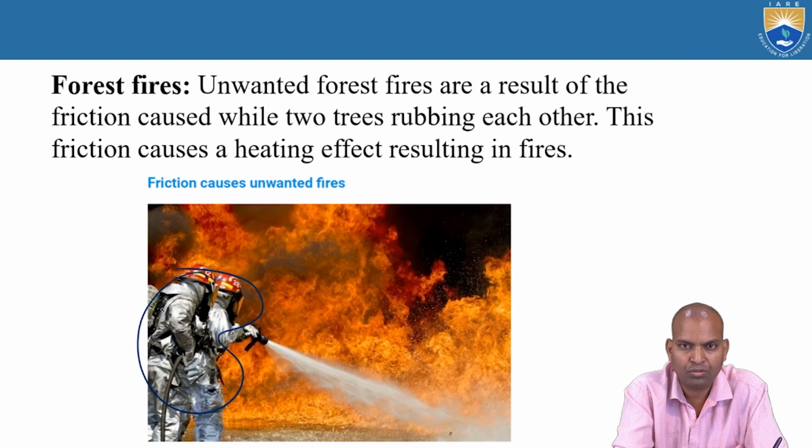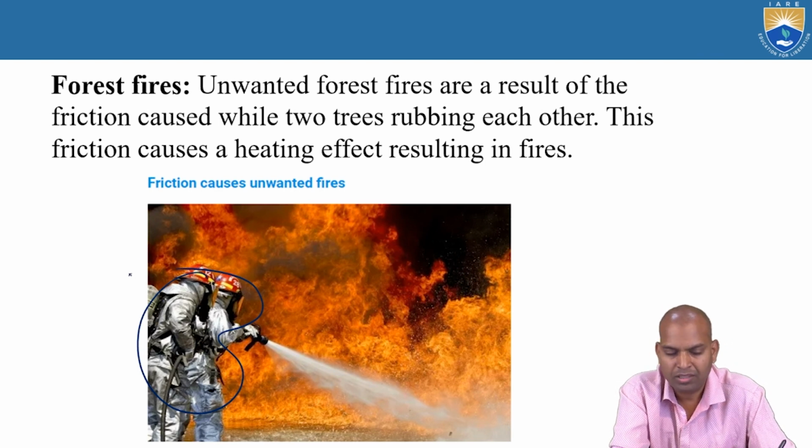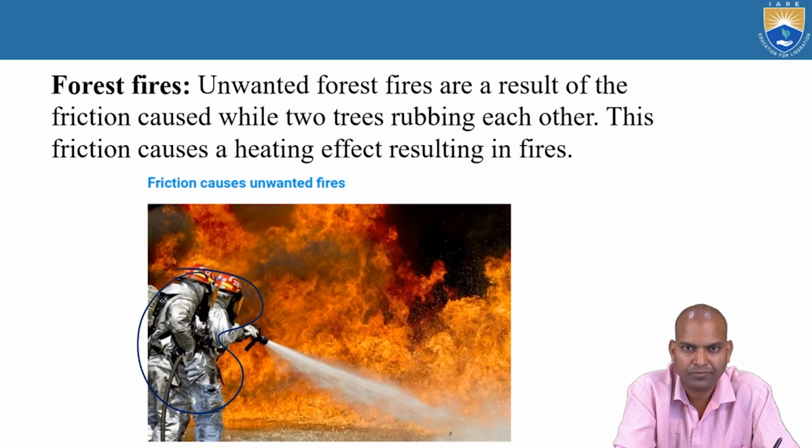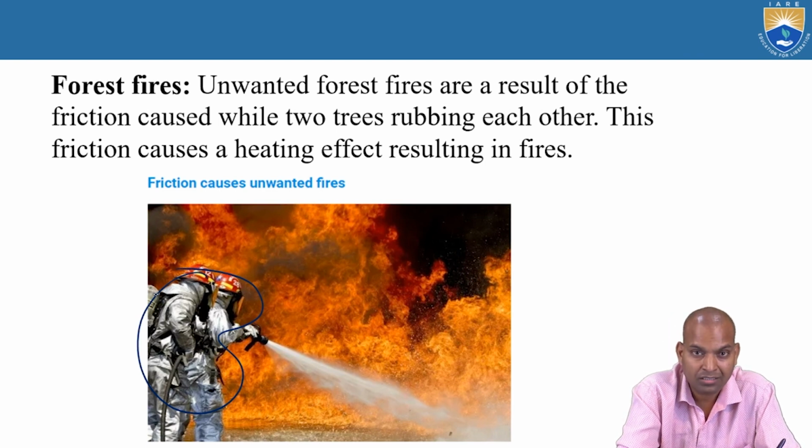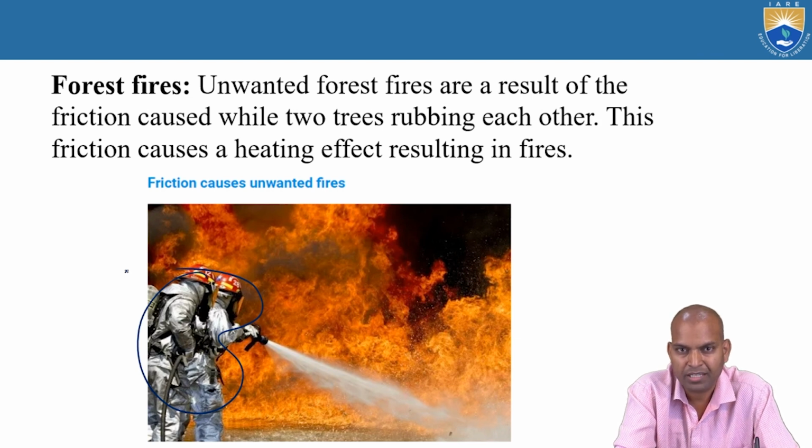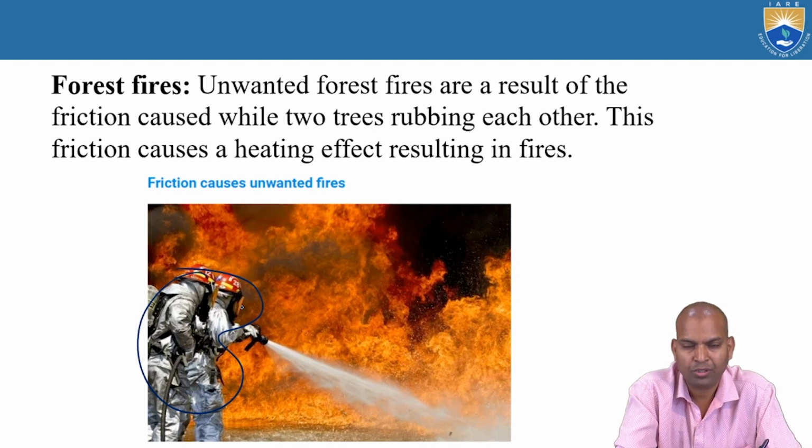So what they do in the US and elsewhere is dump water through helicopters, but it is nothing unless rain falls on that forest fire. Only due to rain can the forest fire be extinguished and go completely off. Otherwise, it completely catches fire. The way these people are using water here, it is nothing. It will evaporate immediately. It is not at all useful to stop the fire.